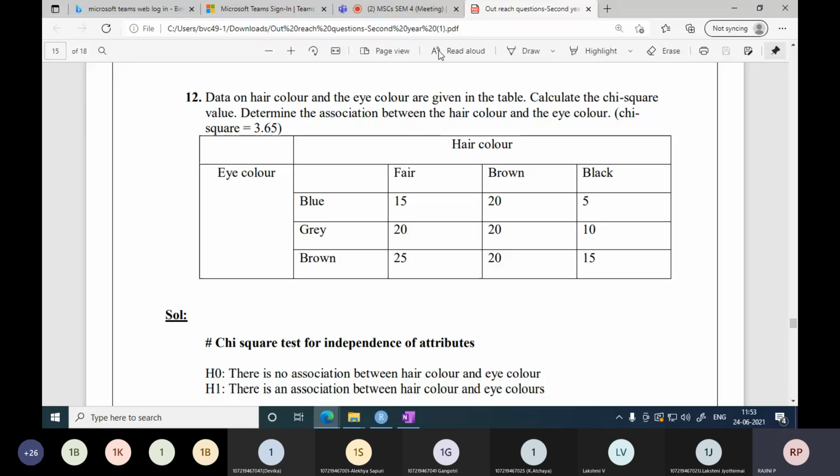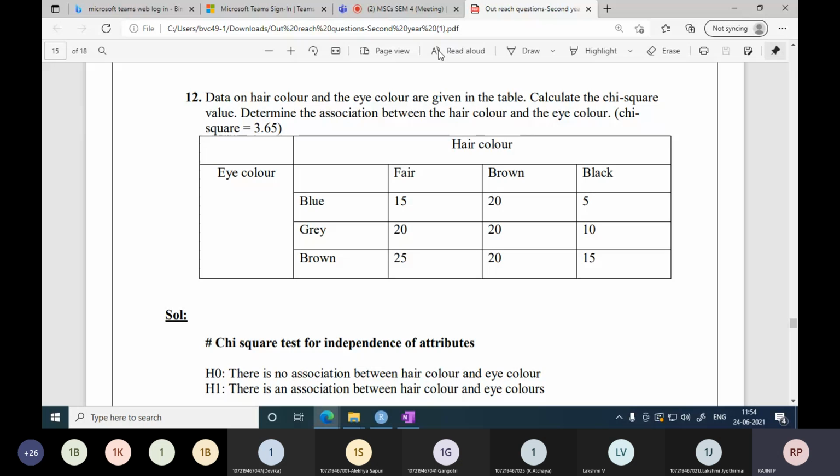So how can you see here? This is the data. Here we have 3 rows and 3 columns. So what can be the degrees of freedom? 4. Very good. R minus 1 into C minus 1, that is 3 minus 1 into 3 minus 1, which is equal to 4. Now, what is the null hypothesis in this question?